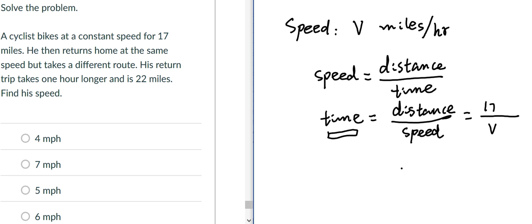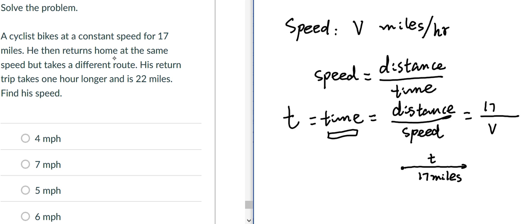So maybe the cyclist starts from here and goes here, and it is 17 miles. Okay, and the time you do not know, you may say that's t. Now look.